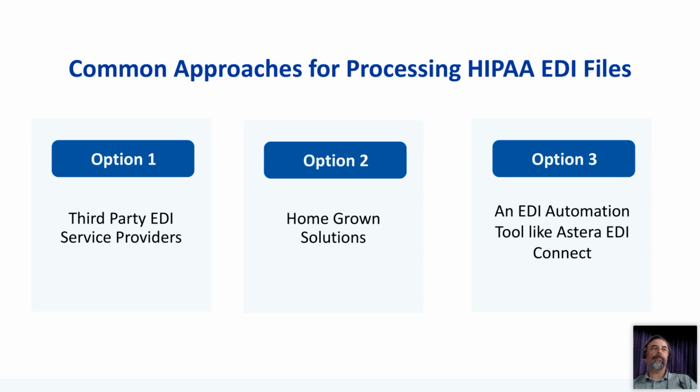You just hire a service to handle it for you. Number two, you build it yourself. It's a homegrown solution. You code it yourself. And number three is you procure an off-the-shelf solution that does all or most of the EDI processing for you.